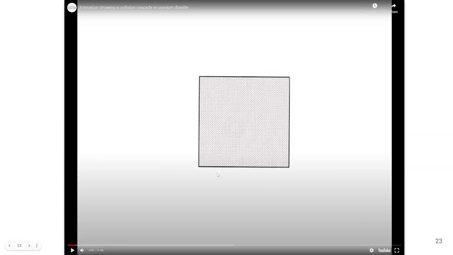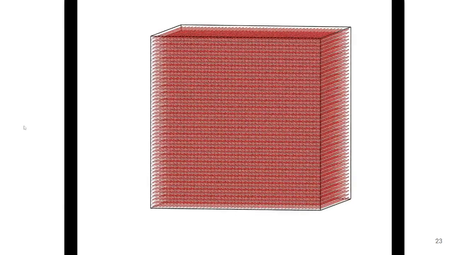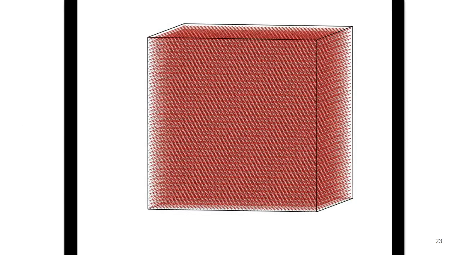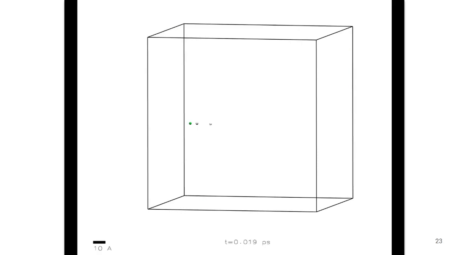Here I just have a collision cascade in uranium dioxide to help better visualize this. It's turning into 3D for our atom lattices. I think it was a 10 keV.